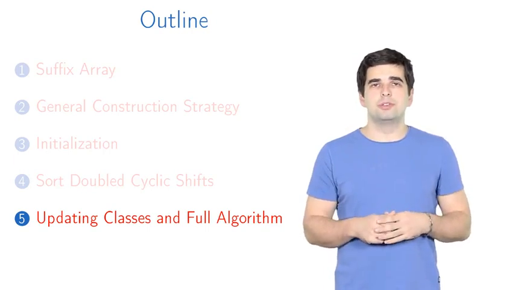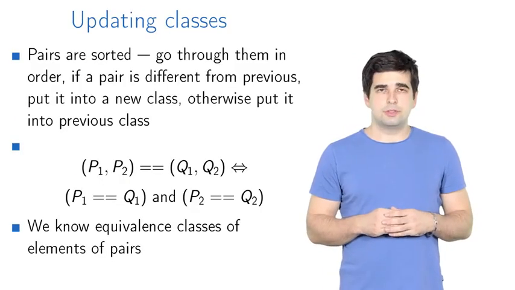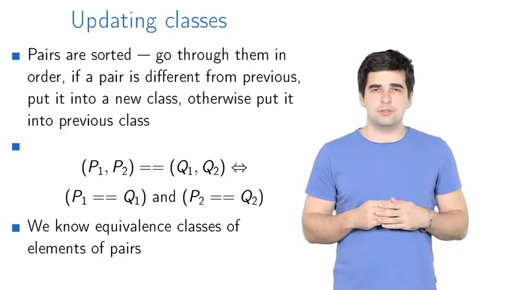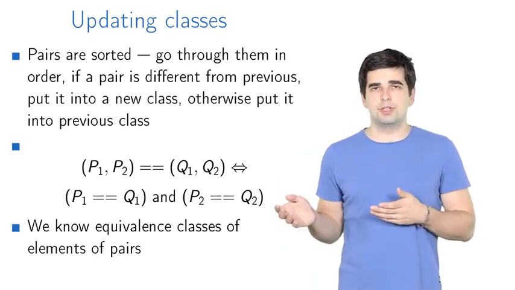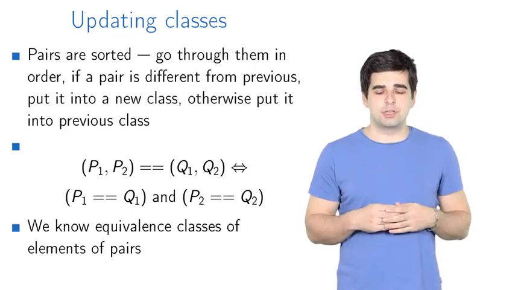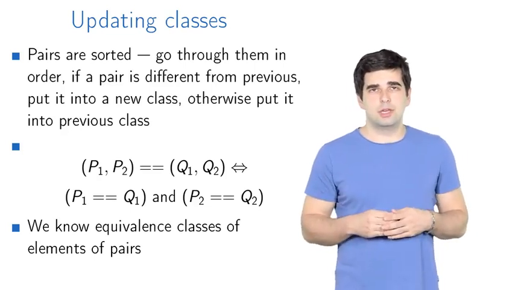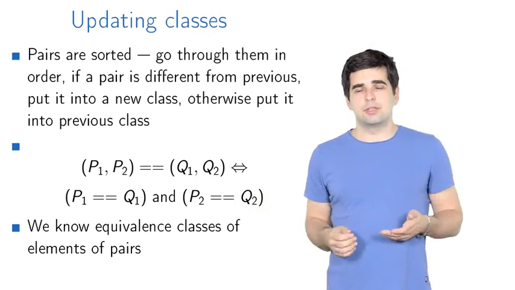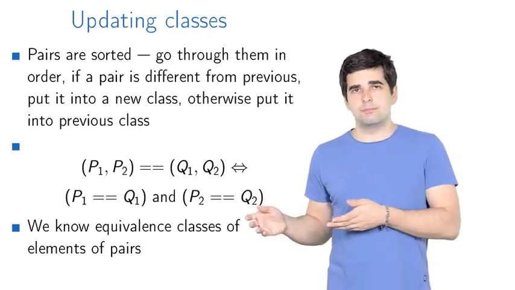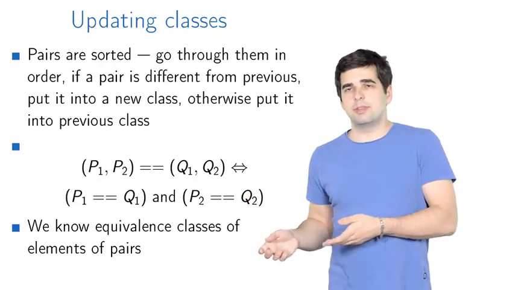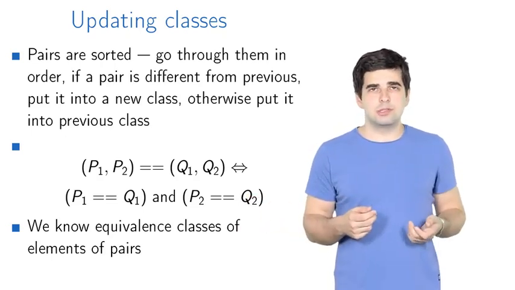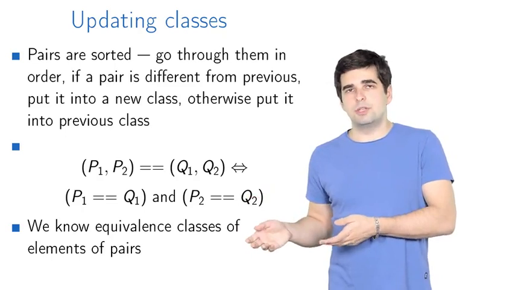So C2 prime is still before C0 prime, and C3 prime is still before C1 prime. So this is the idea for sorting doubled cyclic shifts. We take Ci prime, which is a double cyclic shift starting in position i, and we know that it's a pair of Ci and Ci plus L. And we already know that the single cyclic shifts are already sorted.